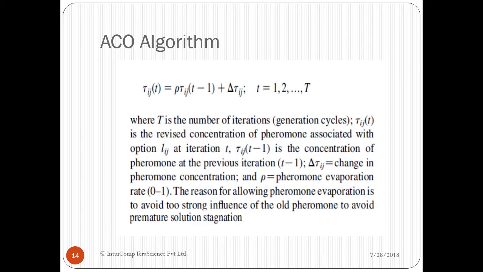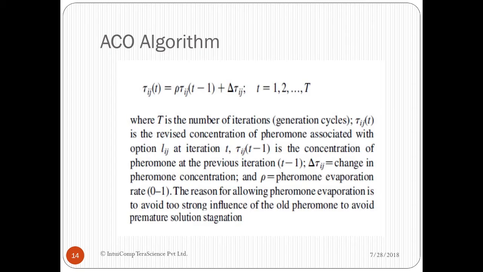So this is the typical equation for the ACO algorithm: tau ij(t) is equal to rho times tau ij(t minus 1) plus delta tau ij, where t represents 1, 2 till capital T, where capital T is the number of iterations or generation cycles.